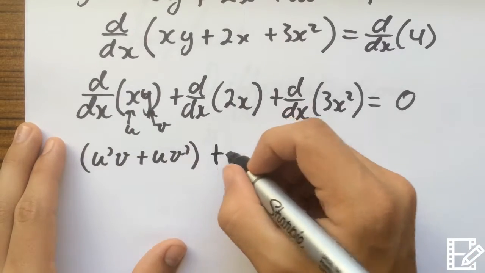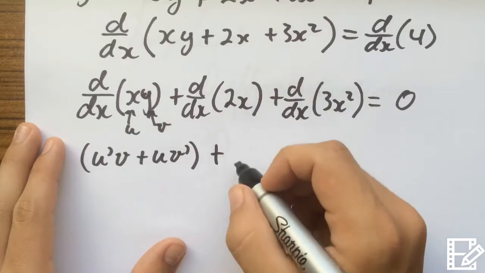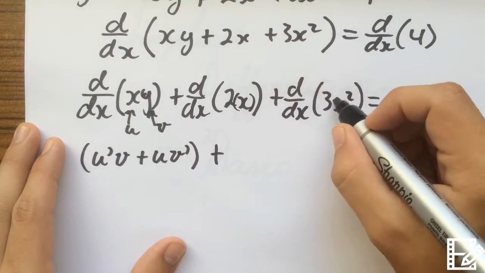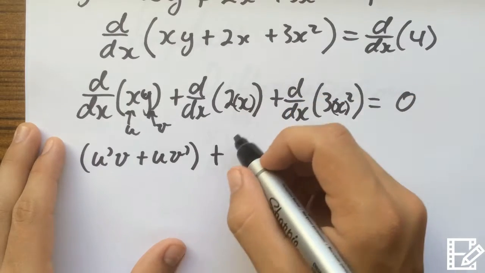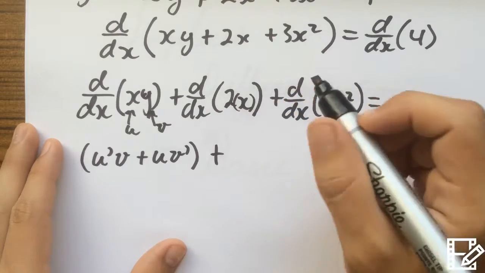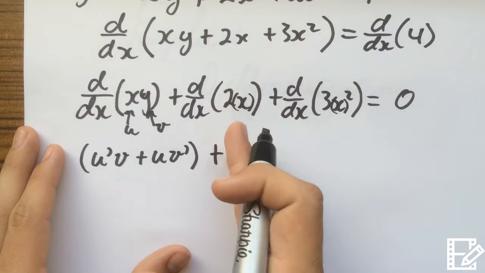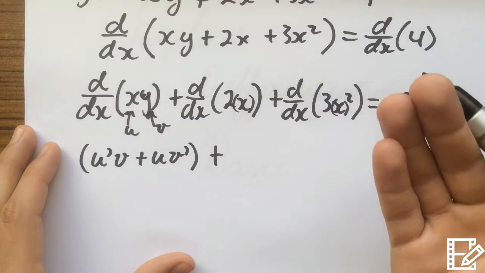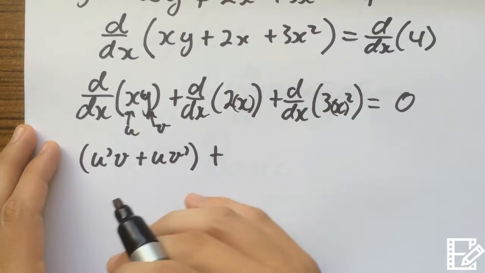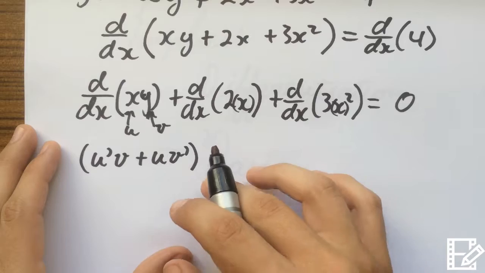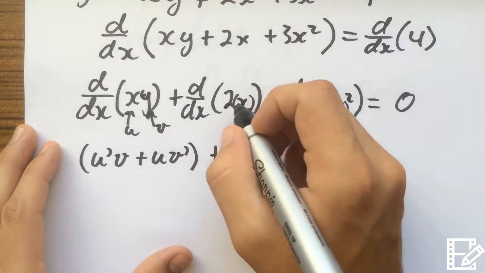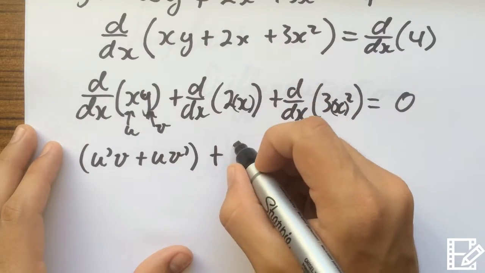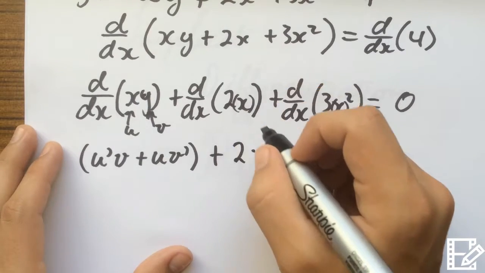Okay? Plus, what's this? The derivative of 2x. Well, if you watched my previous video, you would know that we separate this. I'll do it for this one as well. We separate it with brackets because technically you use the chain rule to solve something even as simple as this. You just don't, because it's much quicker and it's easier to understand without it. But for this case and this purpose, we will use the chain rule. So the derivative of 2x, well, it's just 2 multiplied by the derivative of the inside.